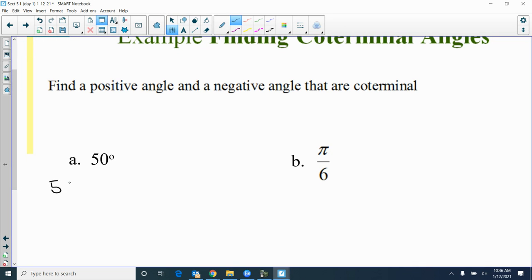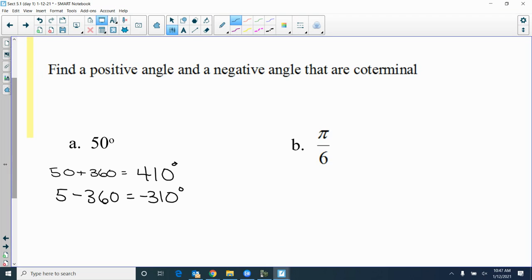So 50 plus 360 is 410 degrees. That is going to be coterminal with 50 degrees. And then 50 minus 360 is negative 310.